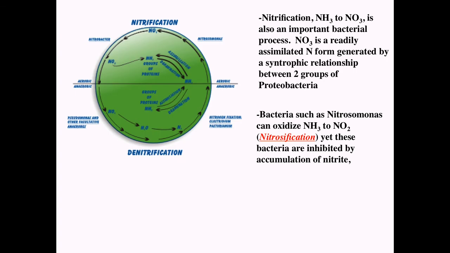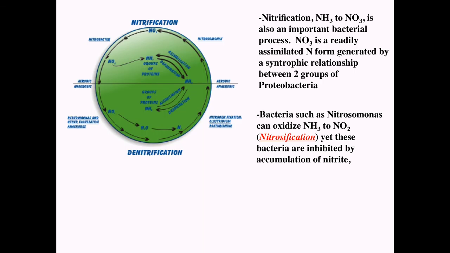That process, shown here from about 3 o'clock to 12 o'clock, from ammonia to nitrite, that sub-process of nitrification is called nitrosification. By definition, nitrosification is taking ammonia to nitrite. Bacteria like Nitrosomonas are very good at doing that.